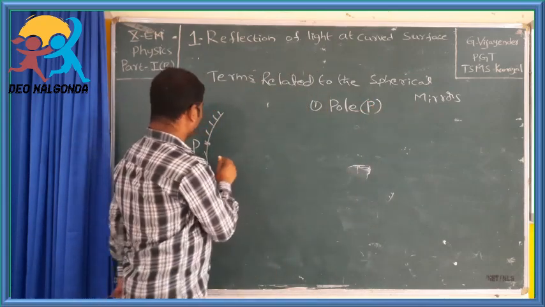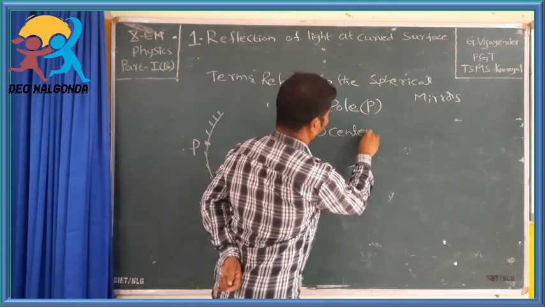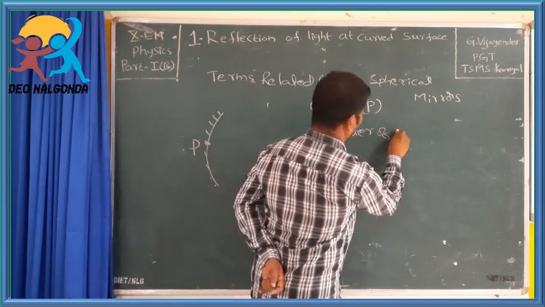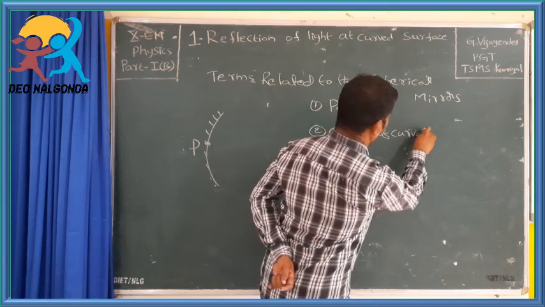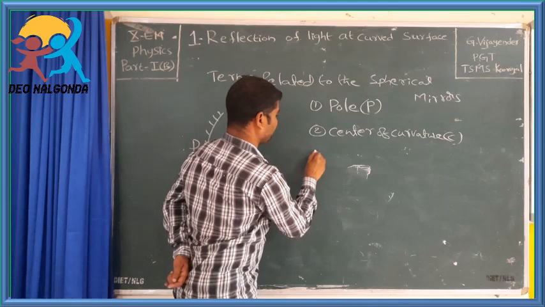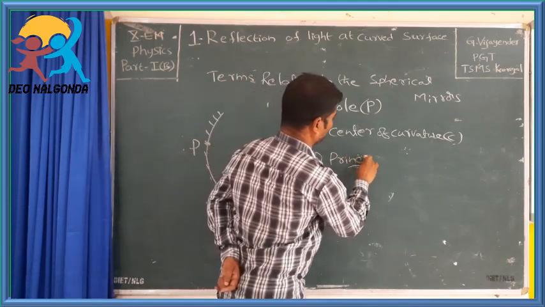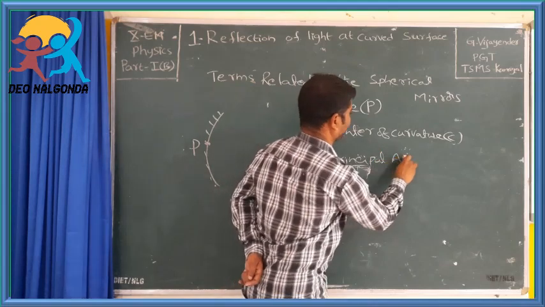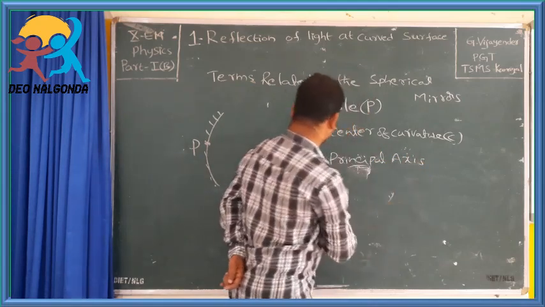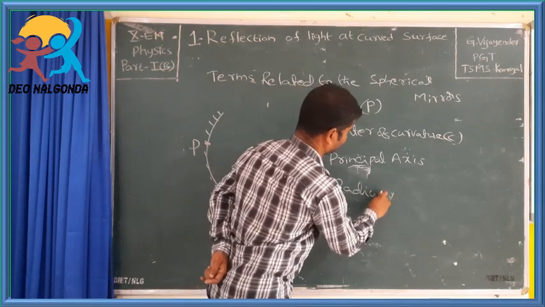Second one is center of curvature. Third one is principal axis. Fourth one is radius of curvature.